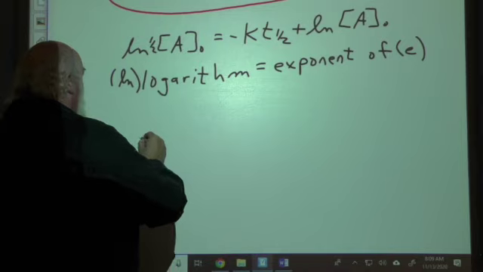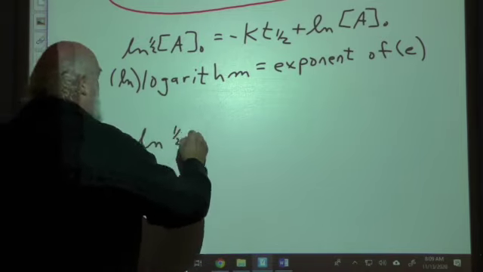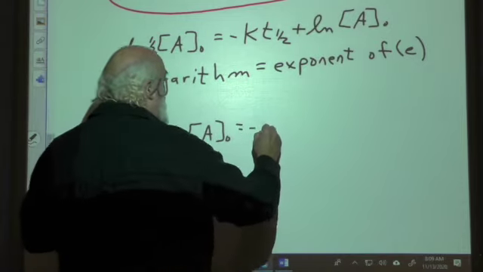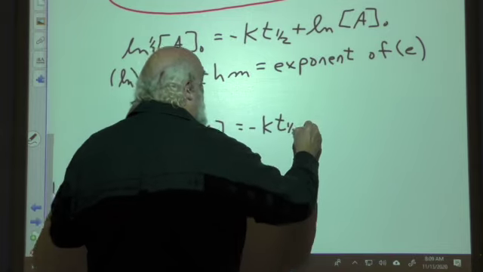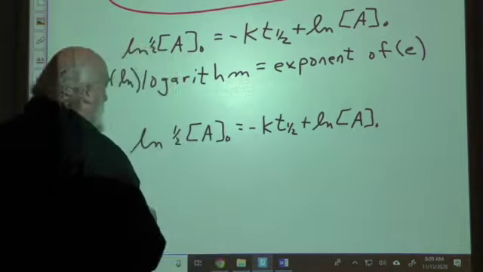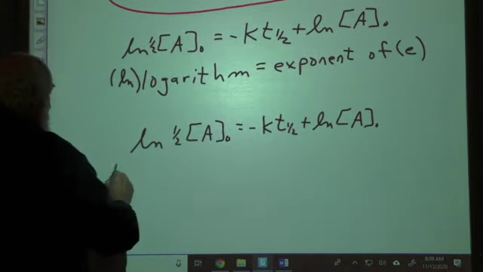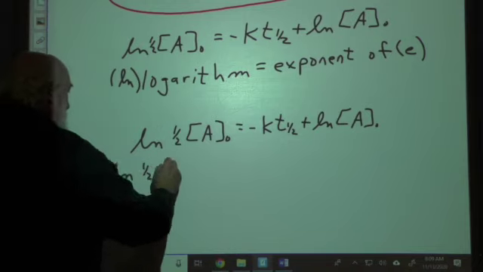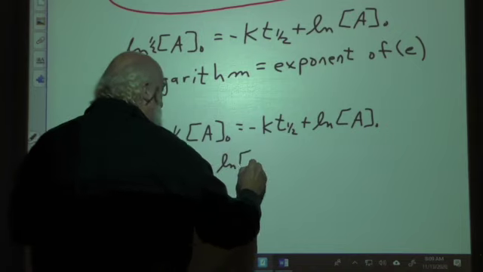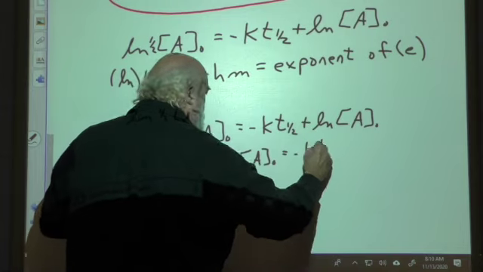So this becomes the natural log of 1/2 A sub 0 equals negative k T 1/2 plus the natural log of A sub 0. So now I'm going to subtract this and bring it over here, and this gives me the natural log of 1/2 A sub 0 minus the natural log of A sub 0 equals negative k T 1/2.